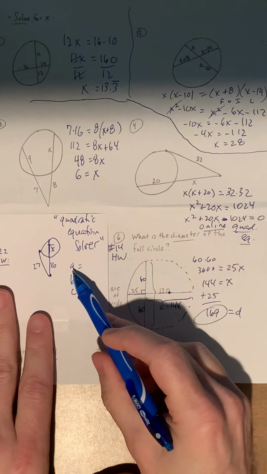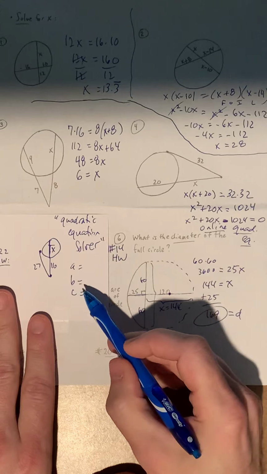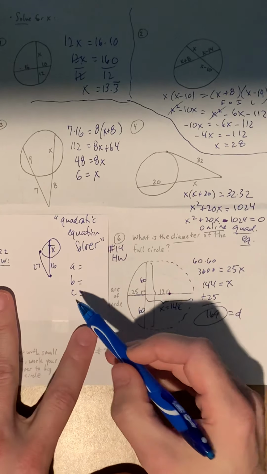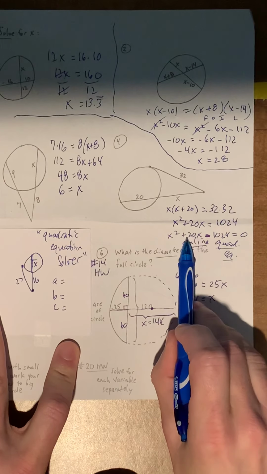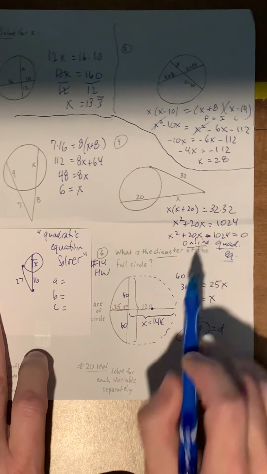Remember, A is the coefficient on X squared, B is the coefficient on X, and C is your constant or regular number. So if we look at number 4, A would be 1, B would be positive 20, and C would be negative 1024.